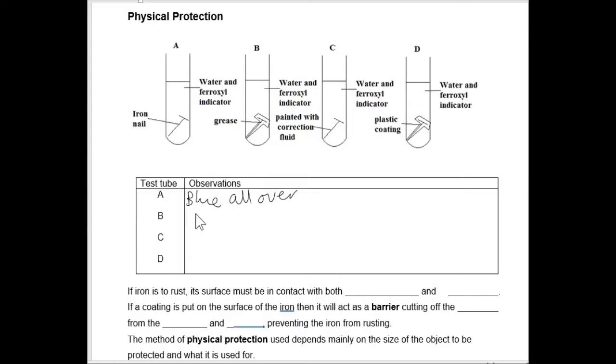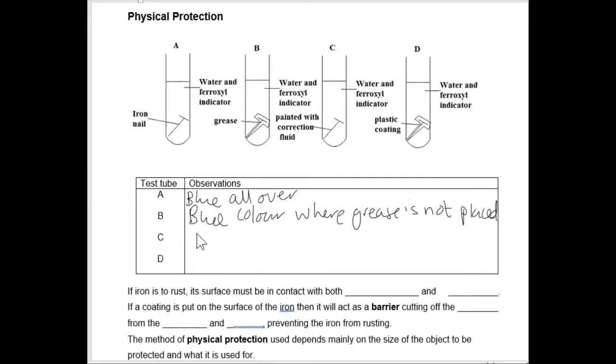However, the bits that are exposed to the water will be blue. So blue colour where grease is not placed. We all know this, that you can oil the chain of your bike, and wherever the oil isn't sitting, your chain will rust.